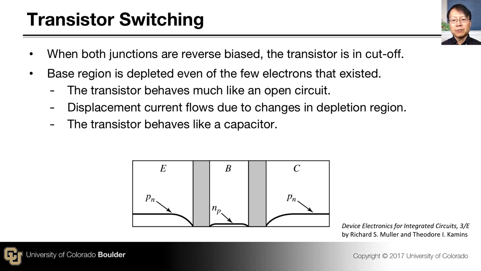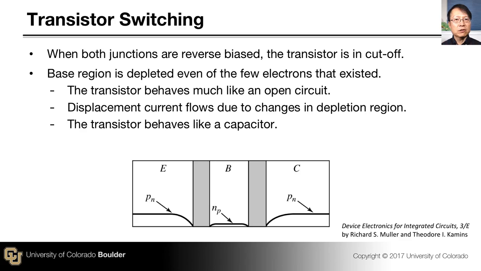Even though no current flows in the device, this state represents the increase of depletion region on both the emitter-base junction and the base-collector junction. That change in space charge region requires a flow of displacement current.